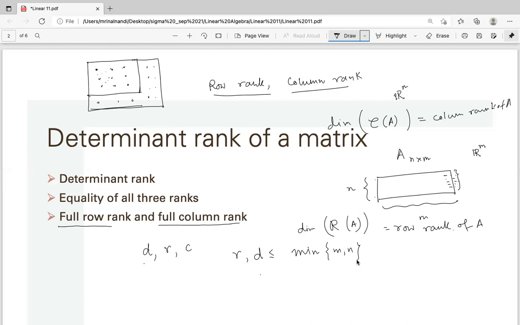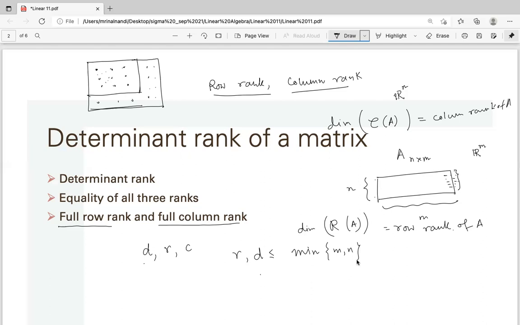If I take more than 4 vectors, the subspace generated by them can't have dimension greater than 4. So it is less than or equal to the minimum of m and n. Similarly, similar logic shows that C is less than or equal to the minimum of m and n. That is clear.